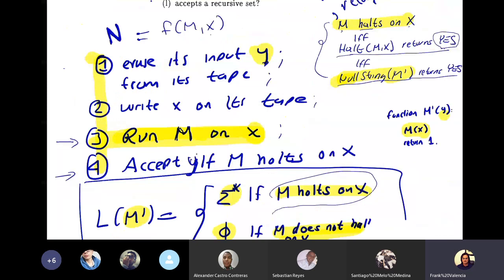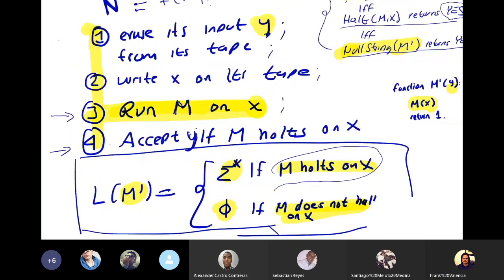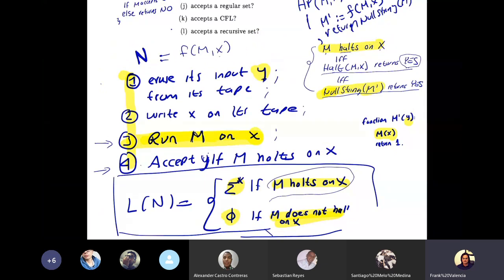Okay? But of course, this part is complicated, but you will see the following. So look, the input, Alexander, are you there? Yes.